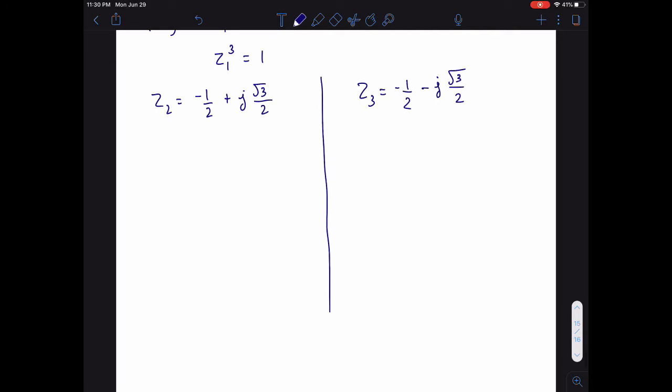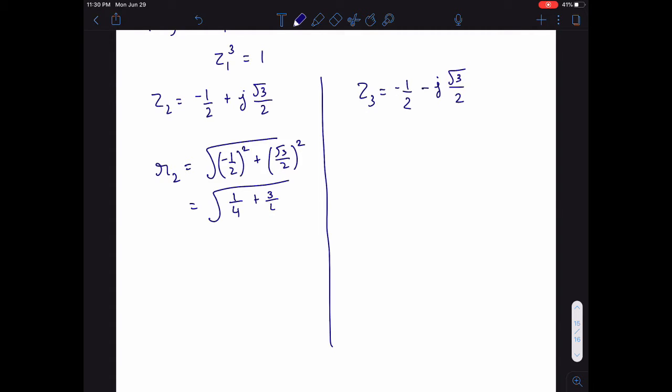So the magnitude of z2, which is r2, can be calculated as the square root of minus half squared plus root 3 by 2 squared, and that would be square root of 1 by 4 plus 3 by 4, which is 1.